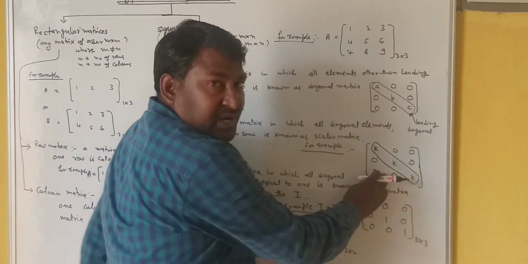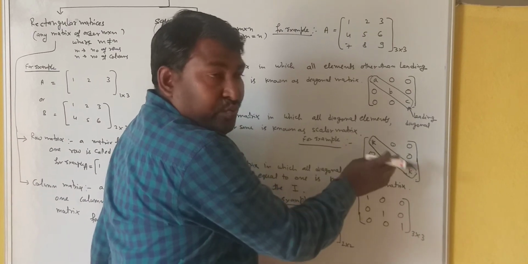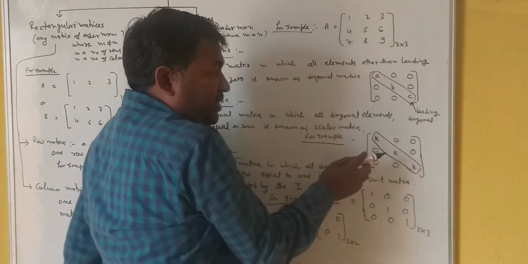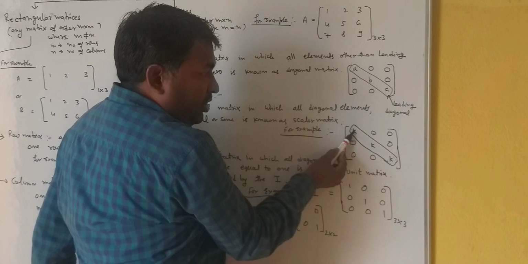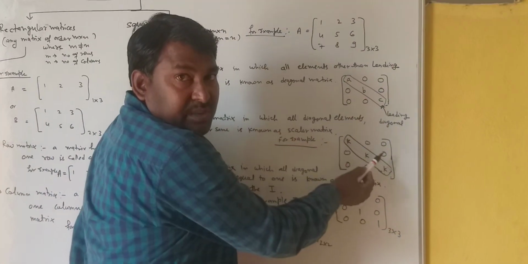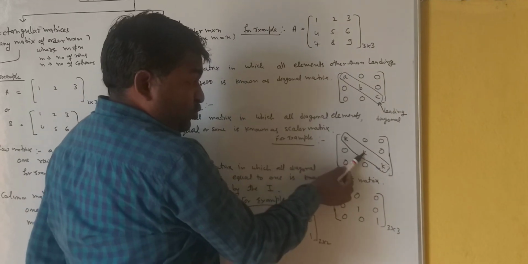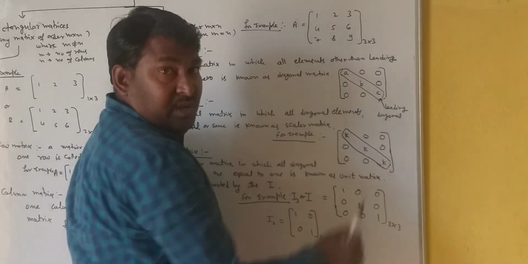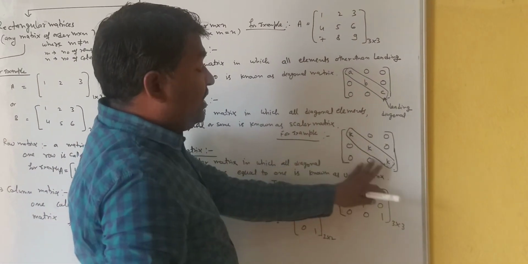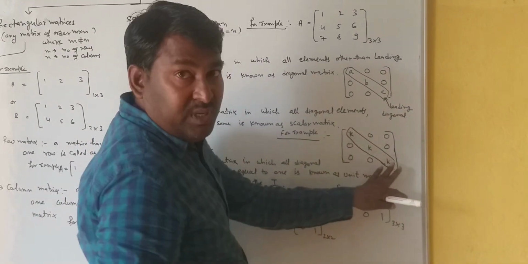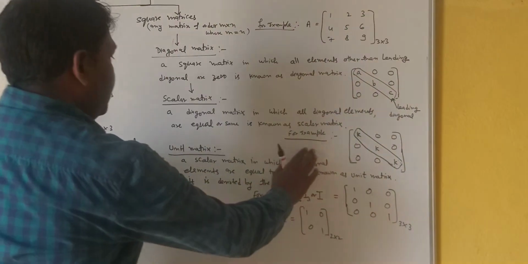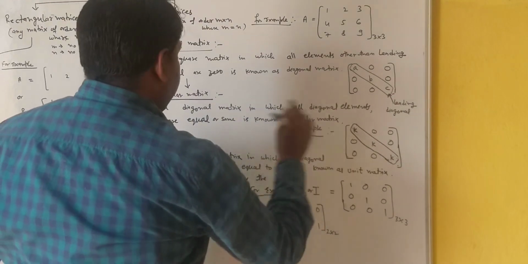So it is an example of a diagonal matrix. While here it has one more property, that all leading diagonal elements are the same, let it be k, k, k, or it may be 2, 2, 2, or 3, 3, 3. Whatever the values, all values must be the same. Therefore it is an example of a scalar matrix.